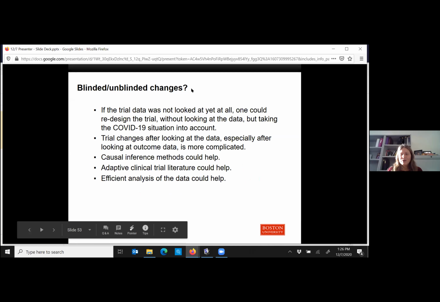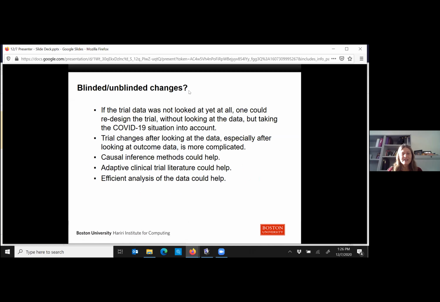As already introduced by both Joe and Ludovic, it's important to consider whether we are doing blinded or unblinded changes to the trial design. If the trial data was not looked at at all, one could in principle simply redesign the trial without looking at the data, but taking the COVID-19 situation into account.